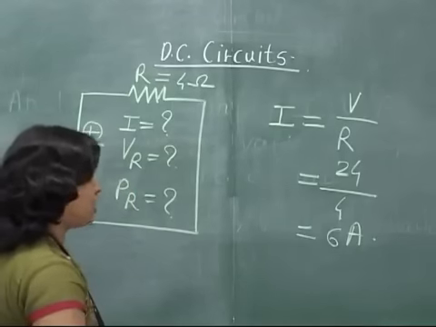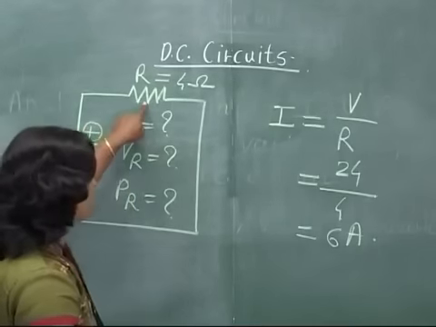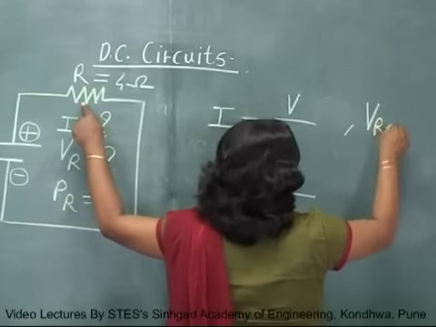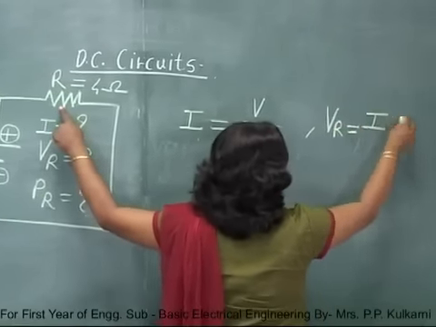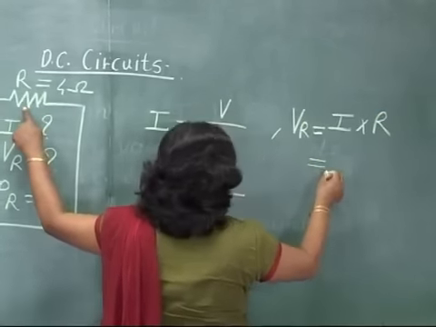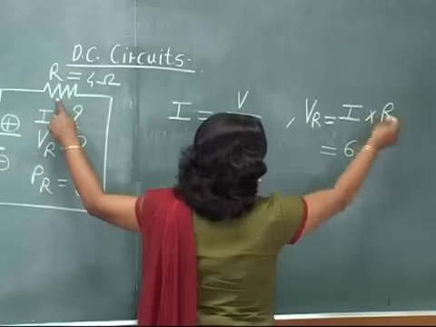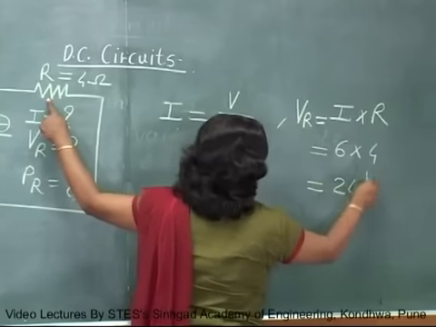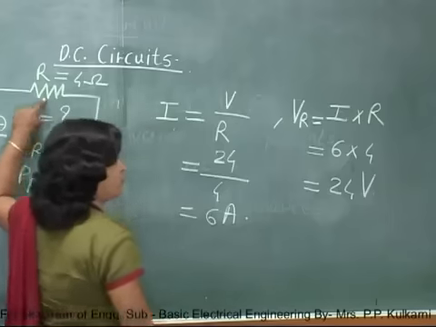Then, if I ask you to find out voltage across this resistance, then this voltage is equal to current flowing through this resistance into resistance value. Since current is equal to 6 amperes and resistance is equal to 4, you will get voltage across this resistance equals to 24 volts.